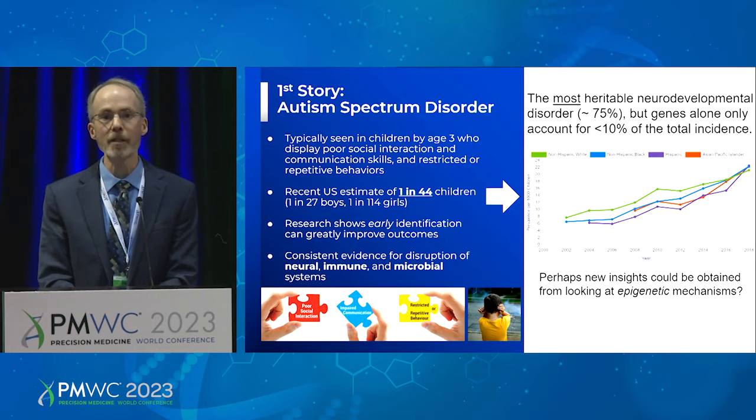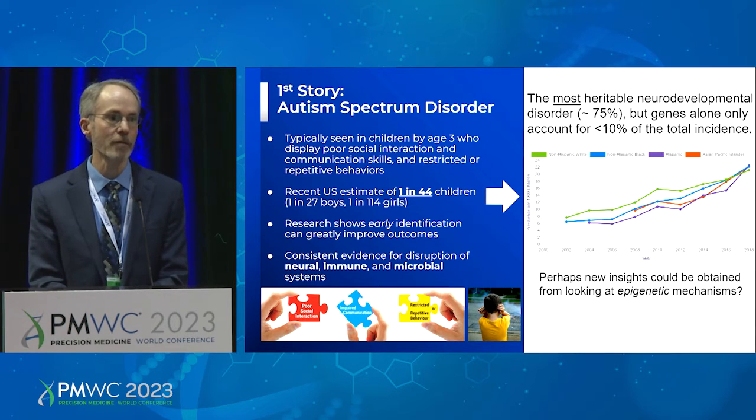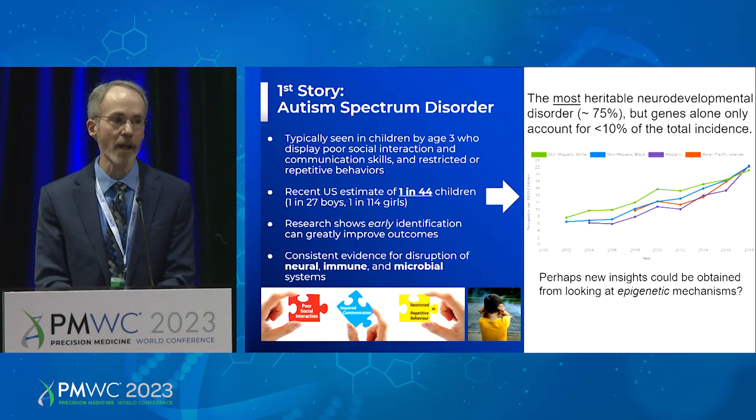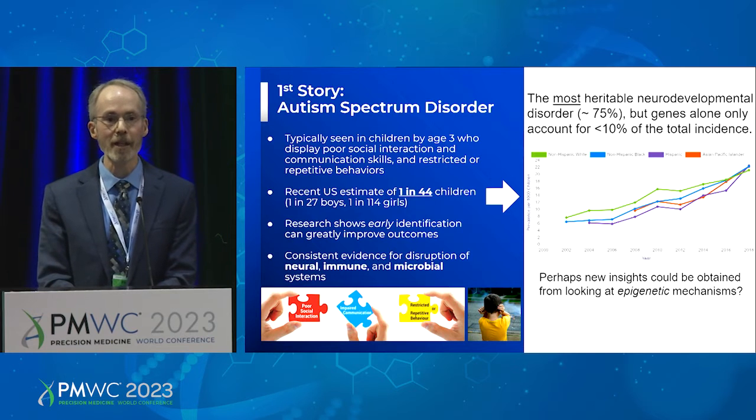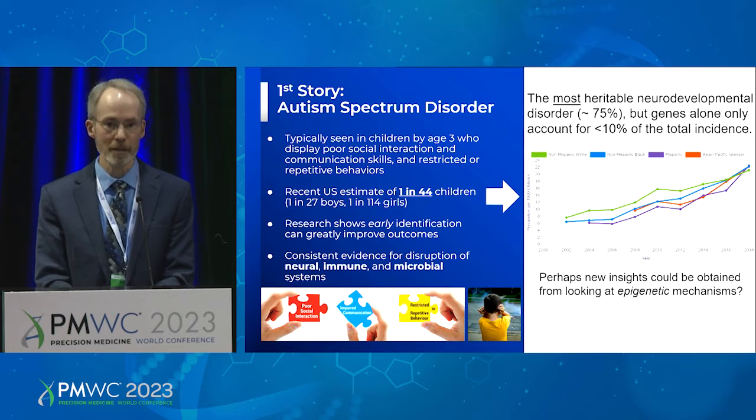And that's only in populations where there is ready access. Other disadvantaged populations frequently have to wait twice as long to be evaluated. And that means a delay in the intervention, a delay in helping those children develop the best that they can.